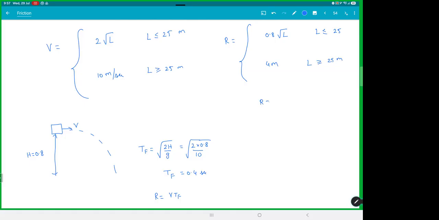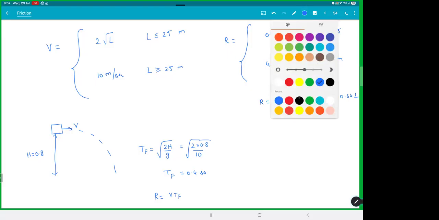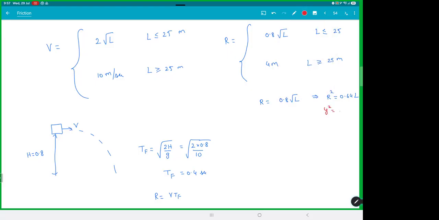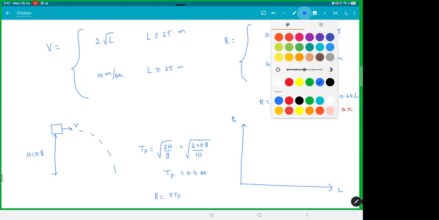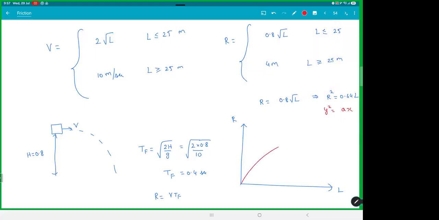So if you try to plot this, R is equal to 0.8 root L. This is R square is equal to 0.64 L. This looks like y square is equal to ax, a horizontal parabola. So if you plot a graph between R and L, this is a horizontal parabola, and then it becomes a constant.